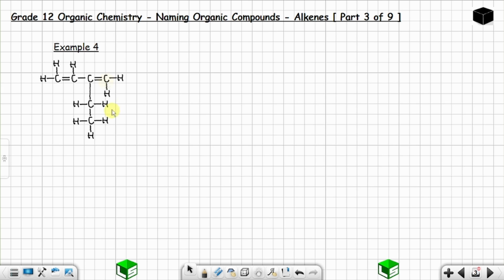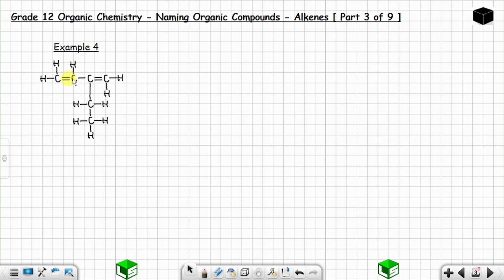I have to start from right to the left so that my branch falls on carbon number 2, because if I start from left to the right, the branch will be on carbon number 3. I have to give the branch the lowest possible number. So the lowest possible number will be obtained if I start from right to the left, because from right to the left, I have the branch on carbon number 2.